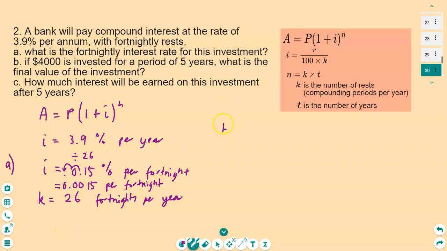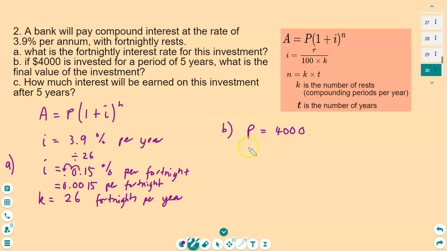B. Let's do B over here. If $4,000 is invested, 4,000 invested means that initial value, the principal, for a period of 5 years. So we've got our time value now.